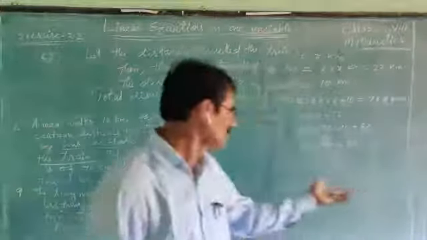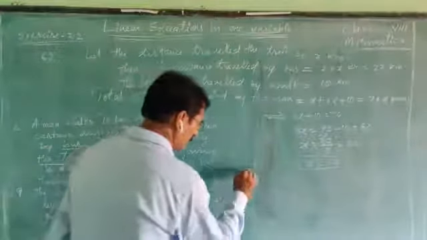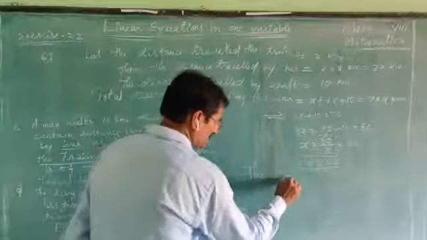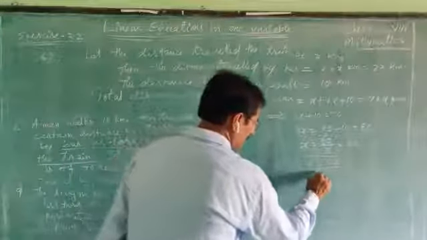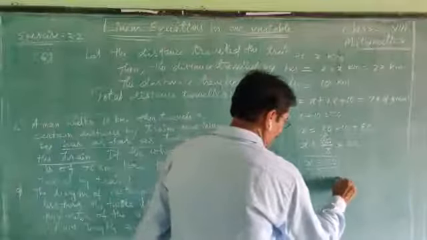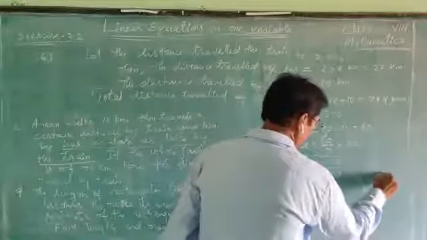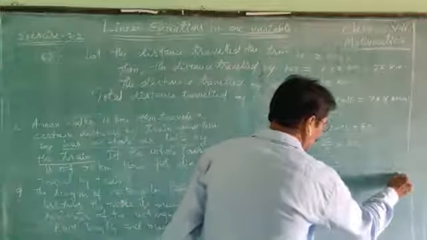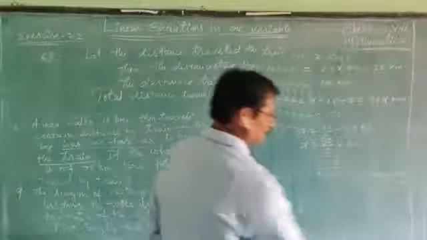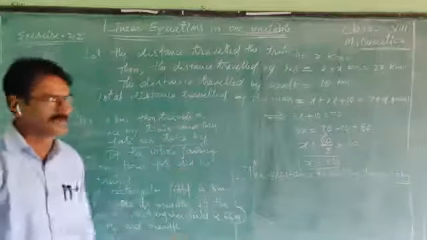So, write the last step. Therefore, the distance by train equal to 20 kilometers. Do you understand?